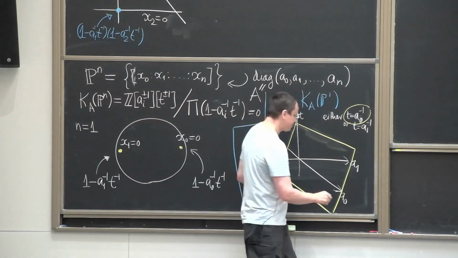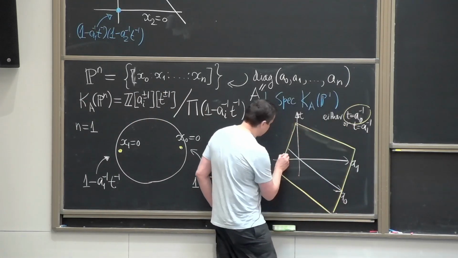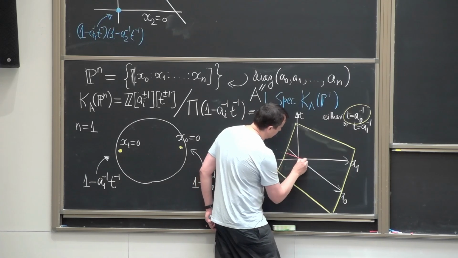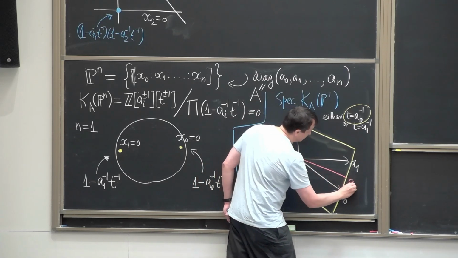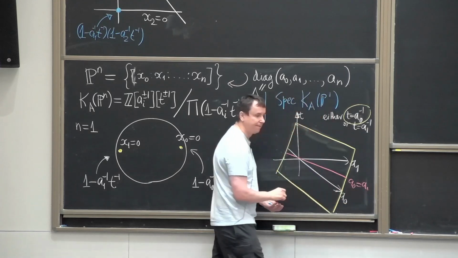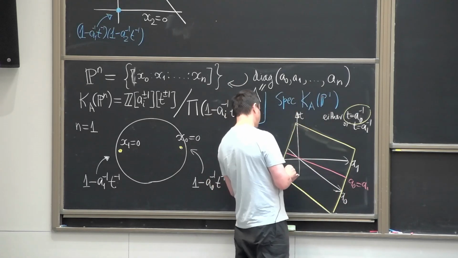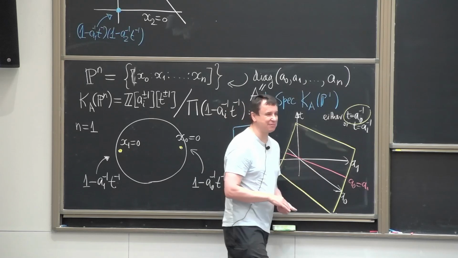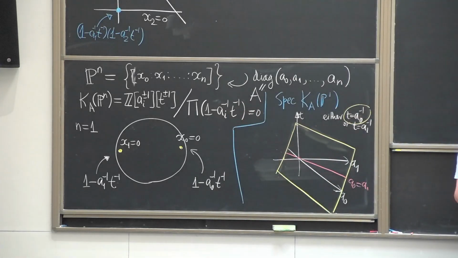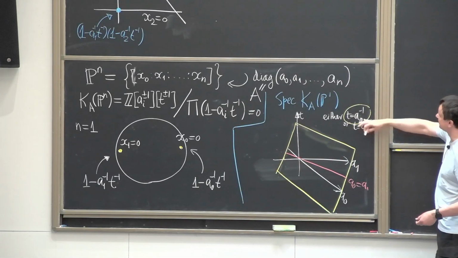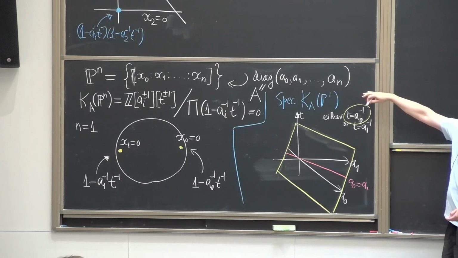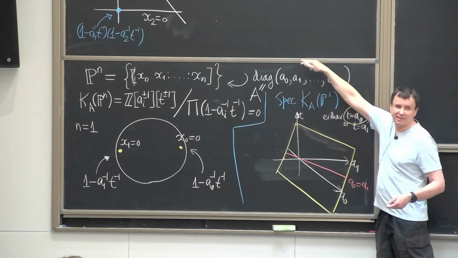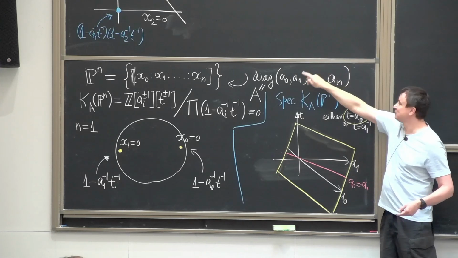And they intersect. These two planes will intersect along the line that lives over where A0 is equal to A1. And so there will be another plane, okay. We'll do a better picture in a second. So maybe a better thing is to imagine that the overall constant scaling is trivial.